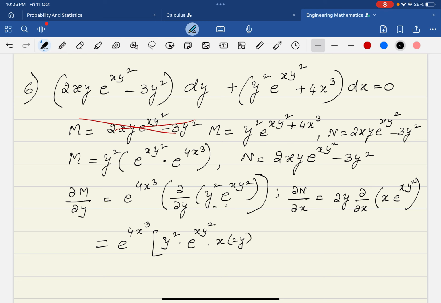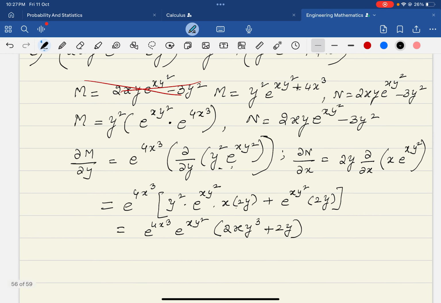This is the first term, plus e raised to xy square into the derivative of y square, which is 2y. So this is your dou m by dou y, which you can rewrite as e raised to 4x cube, and both terms have e raised to xy square, times (2xy square into y is 2xy cube) plus 2y. So this is your dou m by dou y.